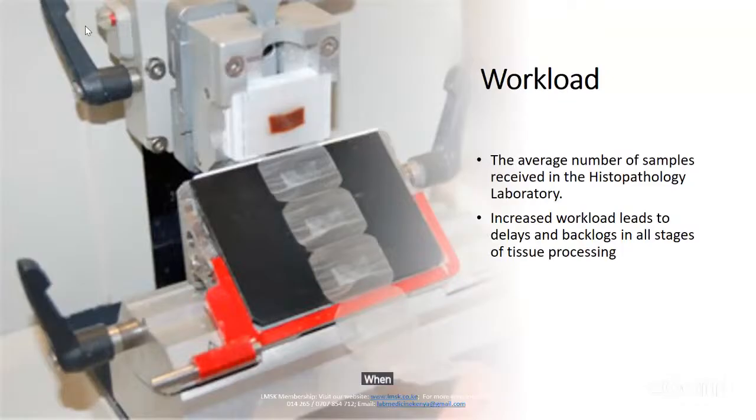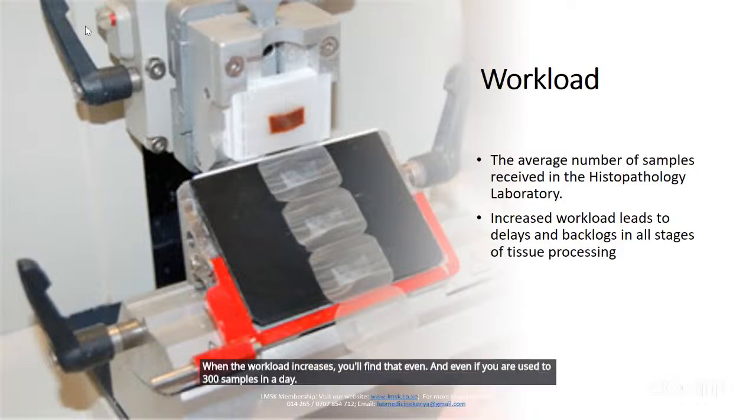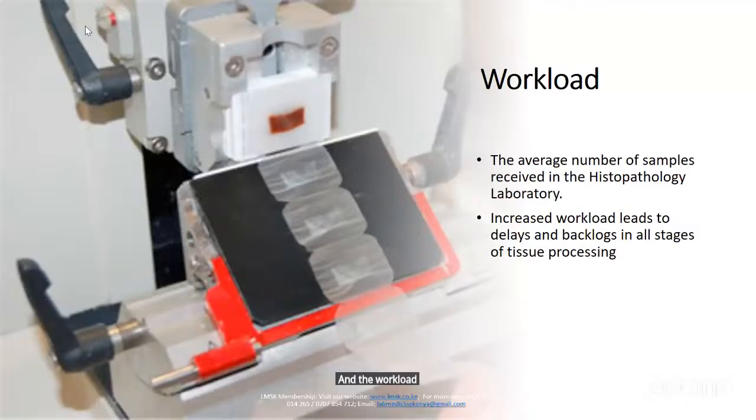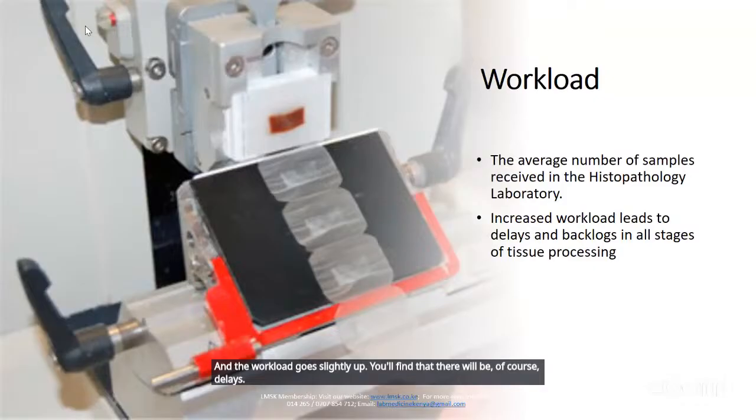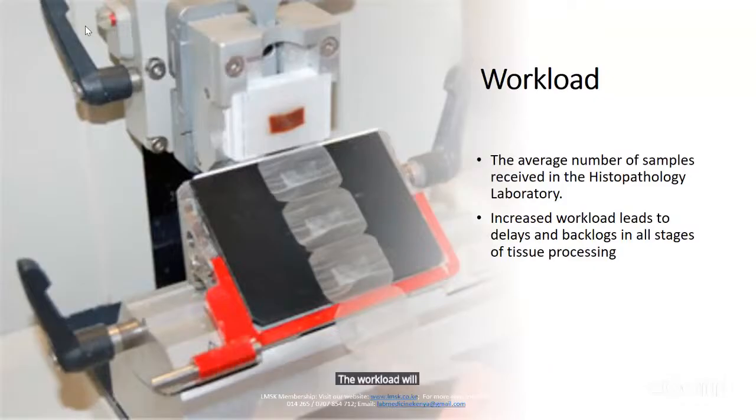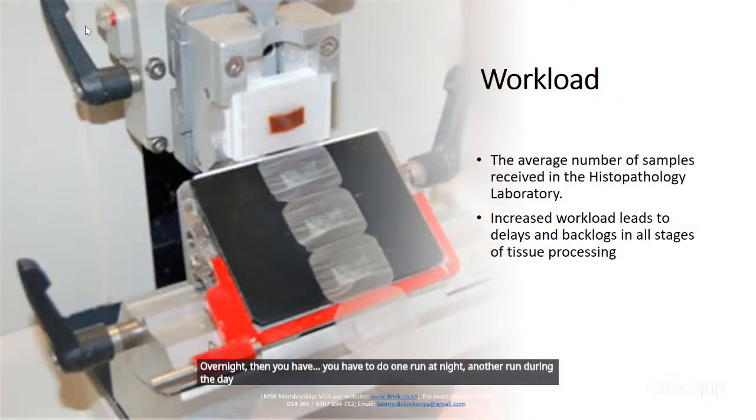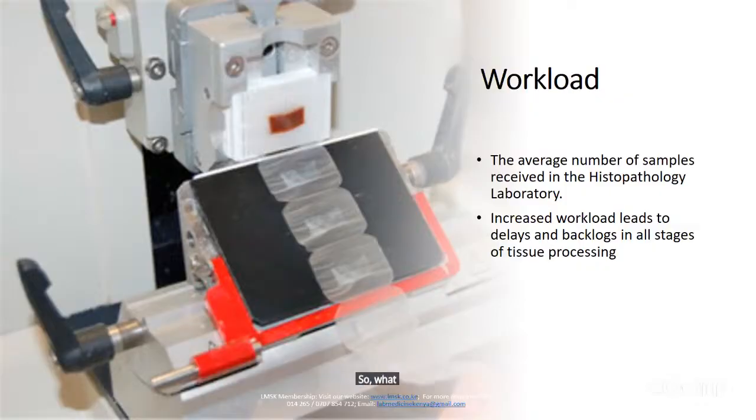Even if you are used to processing 300 samples in a day, when the workload goes slightly up, there will be delays. If you are used to doing only one run overnight, then you have to do one run at night and another during the day. So workload also affects the TAT.